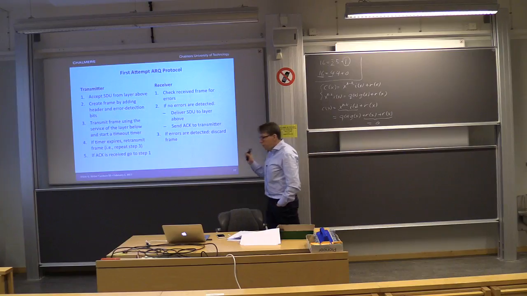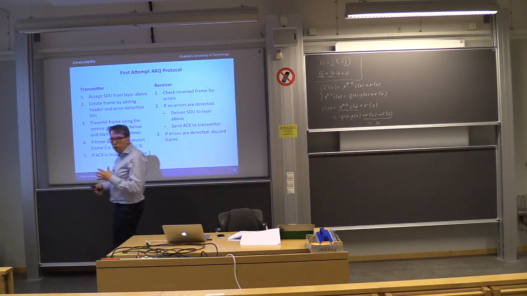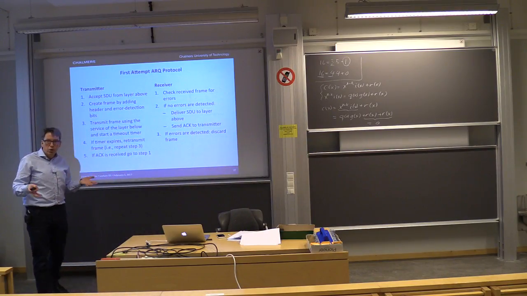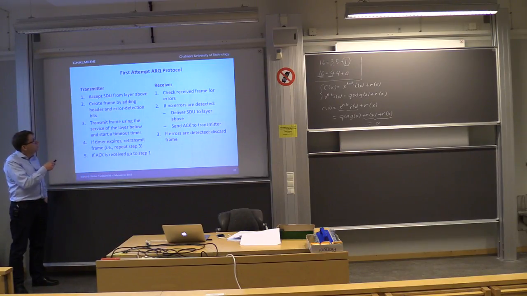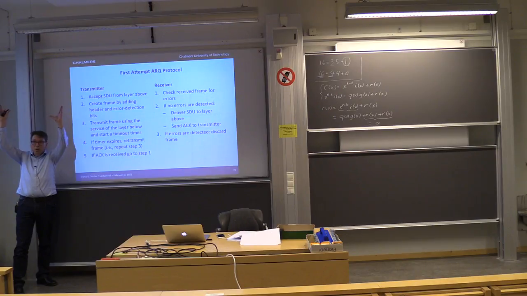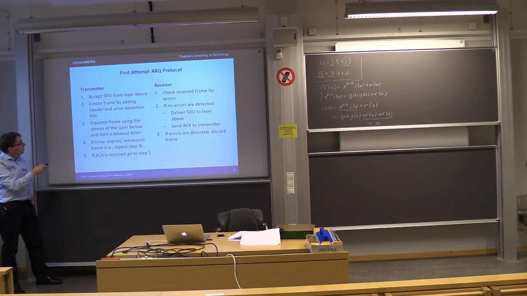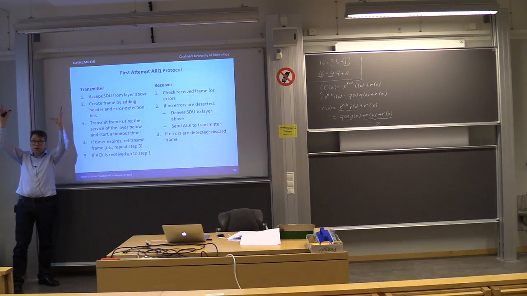Okay, so a first attempt at this retransmission protocol, just basically executing what I said earlier: at the transmitter side, what do we do? We get service data units from above. Then we create a frame or a packet, a PDU, same thing. I take the service data unit from above, add some check bits to it, and then a header.